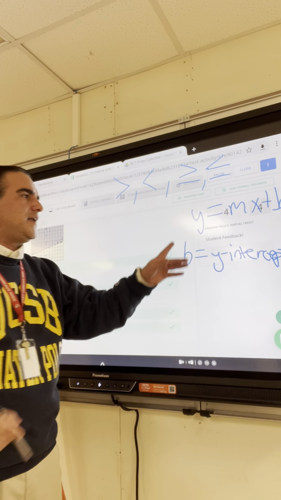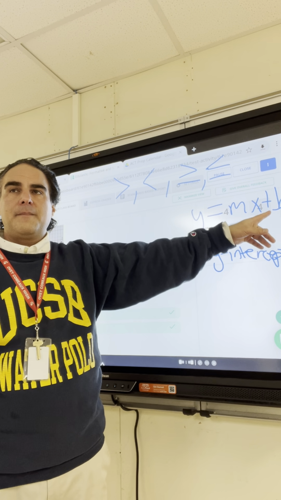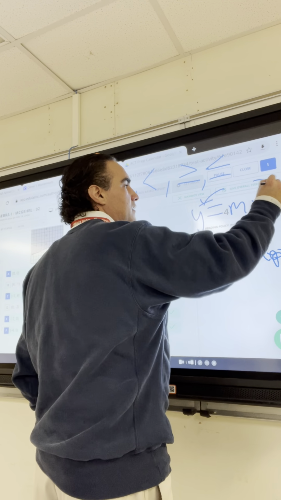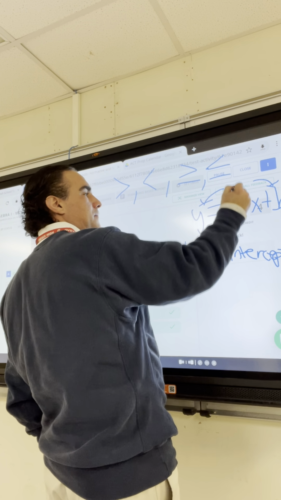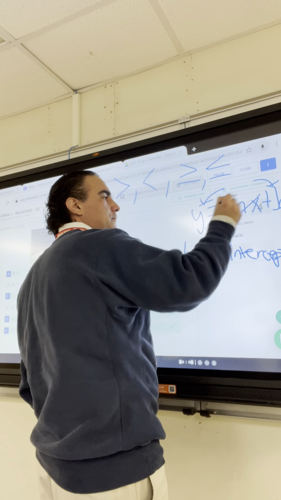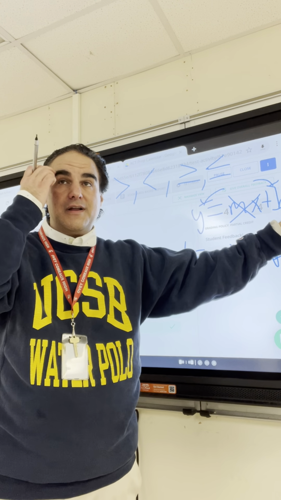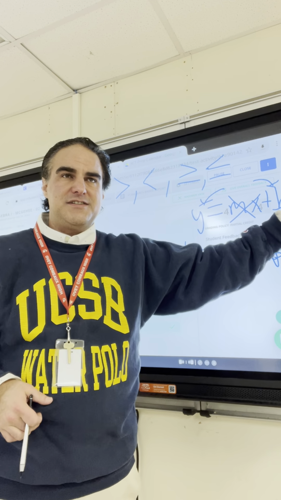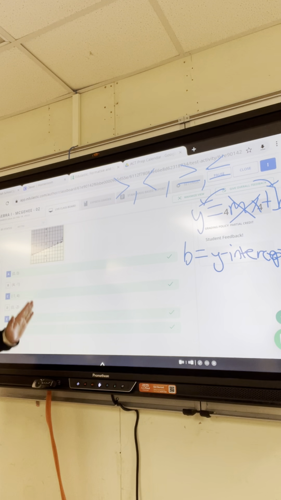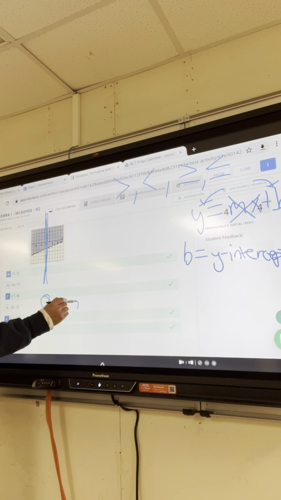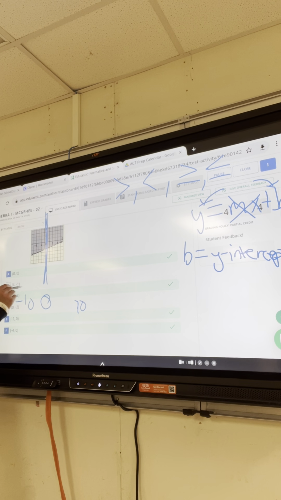And our y-intercept is our output when x equals 0. Because when x equals 0, this goes away, and y, our output, equals our y-intercept. Does that make sense? When x equals 0, which is along this line, this is x equals 10, this is x equals negative 10.